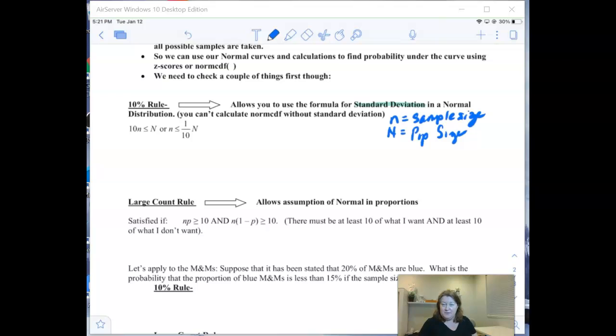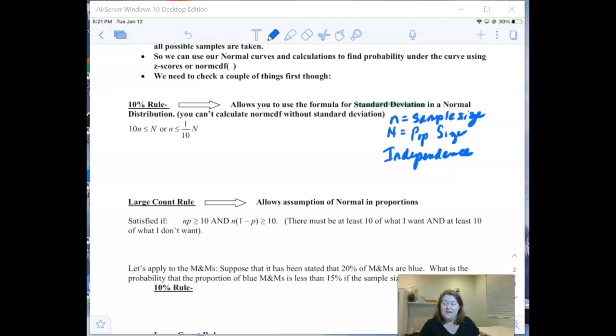Okay, so that's the 10% rule. It's also kind of called independence too. You'll hear it talked about as an independence check later. Same idea. We want to make sure that we're not significantly changing any proportions. And as long as what we're scooping is less than 10% of the whole population, we should be good there.